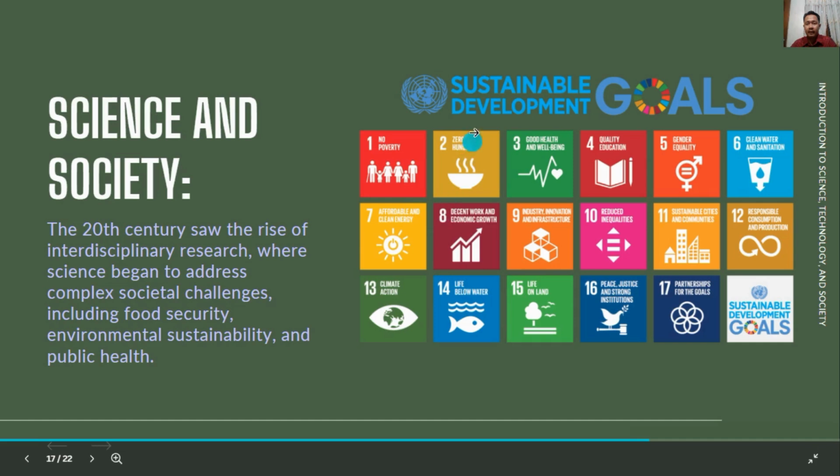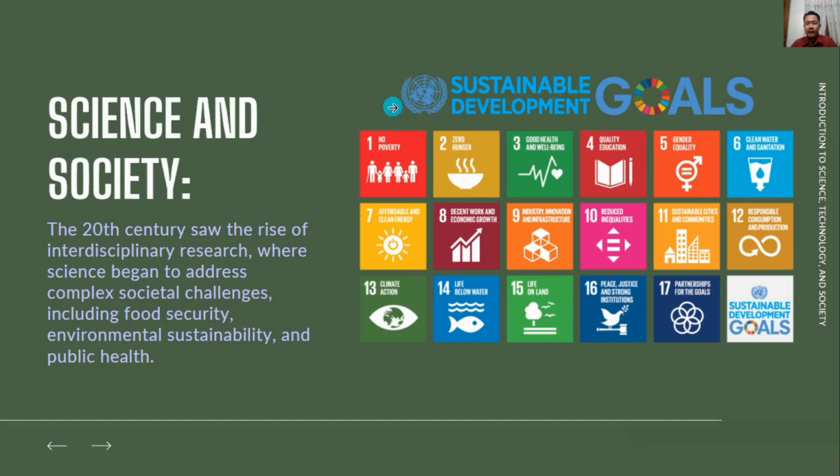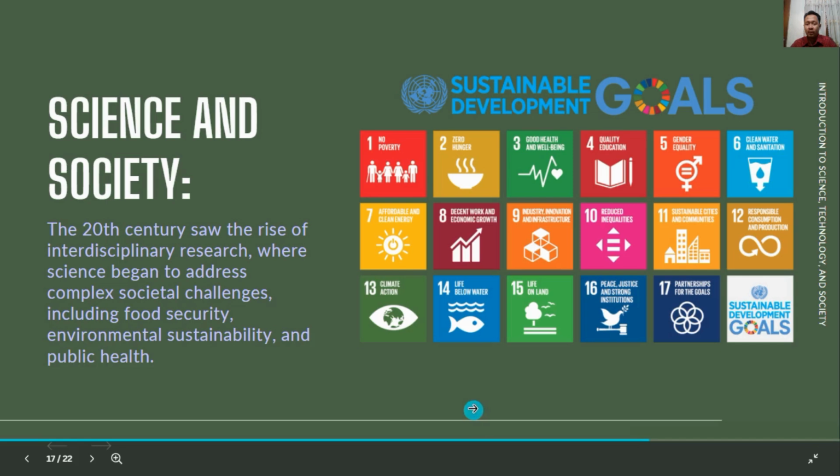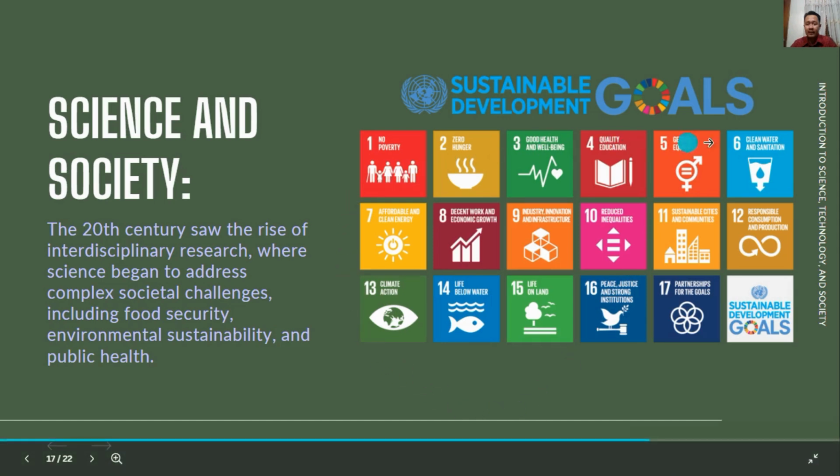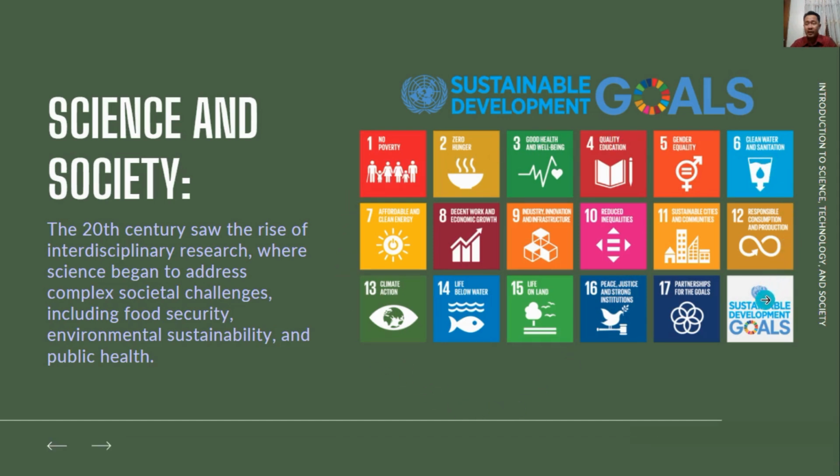That is why the United Nations has the Sustainable Development Goals, where our institutions are also anchored for interdisciplinary research. So our institution is conducting research that addresses these SDG initiatives of the United Nations.